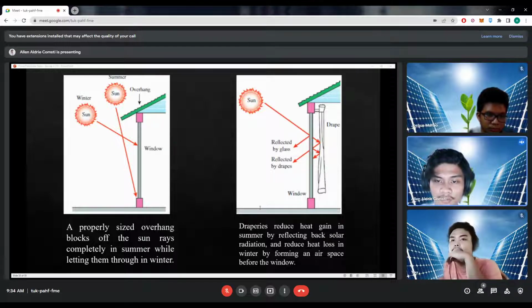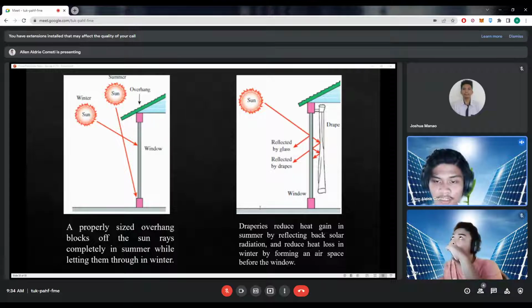The semi-closed airspace formed by the draperies serves as an additional barrier against heat transfer, resulting in a lower U factor for the window and thus a lower rate of heat transfer in summer and winter. The solar optical properties of draperies can be measured accurately, or they can be obtained directly from the manufacturers.